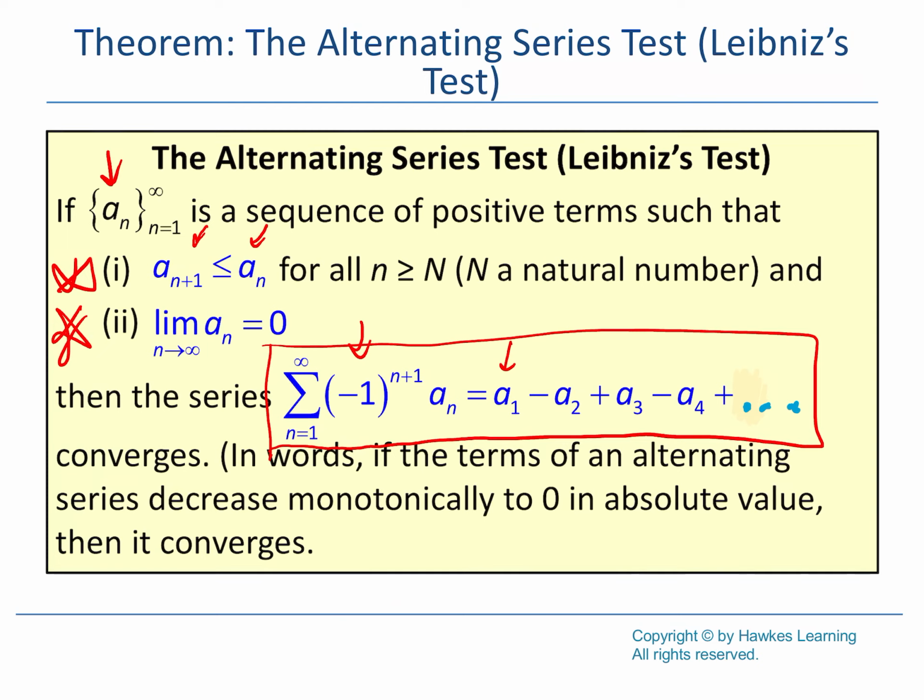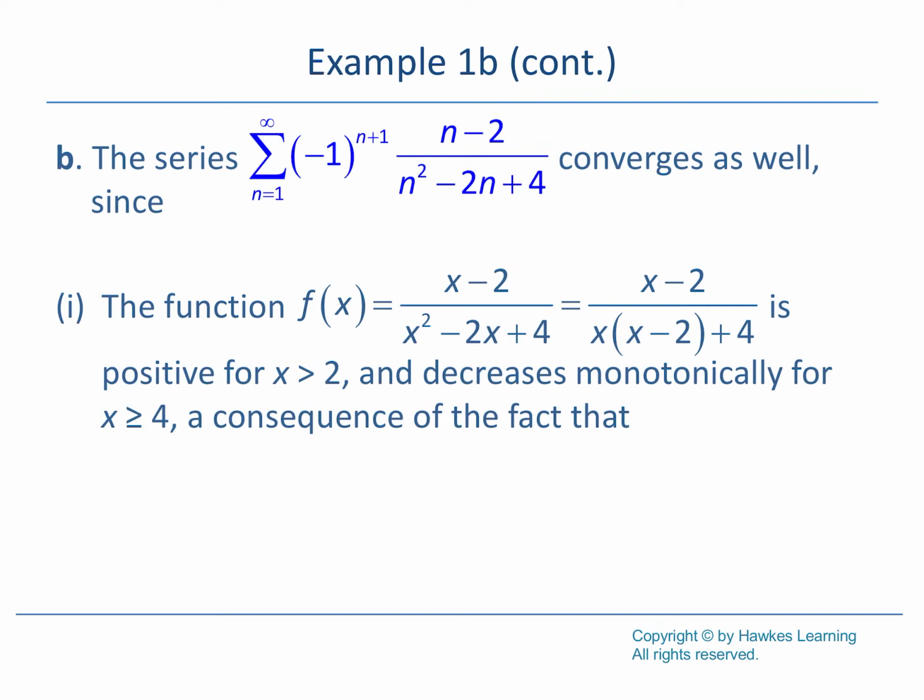Moving on. Here we have another alternating series, a linear factor on top and a quadratic factor on bottom. If we were in a different section, I might start attacking this using, I don't know, the limit comparison test, to where we could compare this to a series that is similar but more familiar.